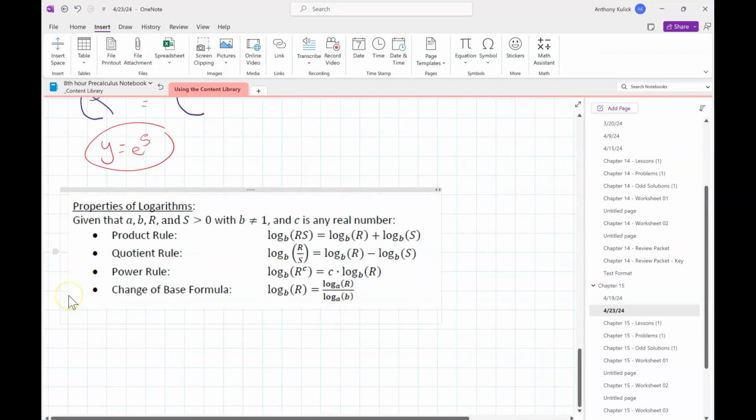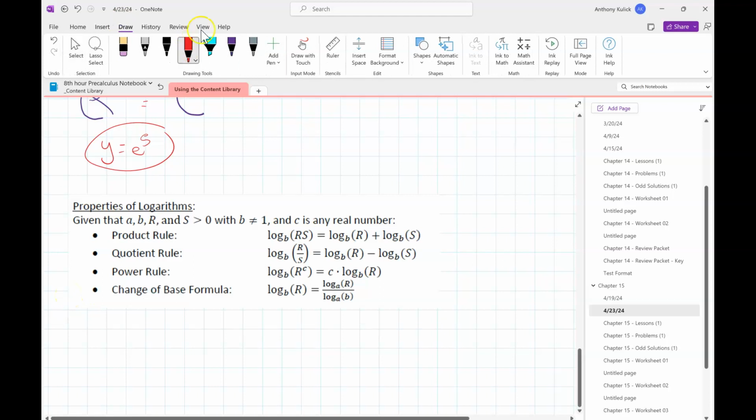So the first one is called the product property. This is based on this property of exponents, where multiplication outside the exponent becomes addition inside. The reverse would be true for logarithms. Multiplication inside turns into addition outside. But the same idea.